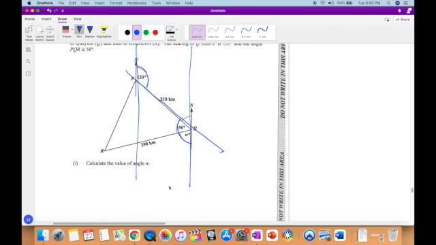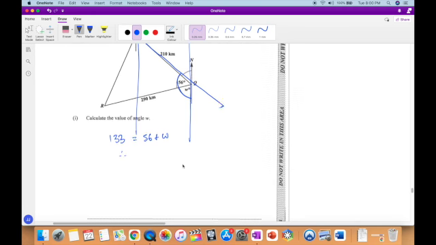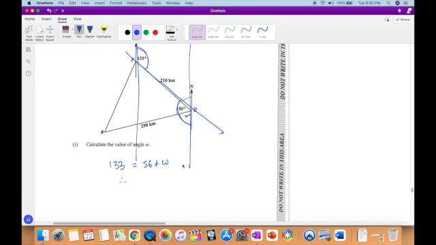So we could say here that 133 is equal to 56 plus W. Therefore, and if we have to give a reason why, alternate angles, right? So alternate angles is the reason. So now we can see that W is equal to 133 minus 56.